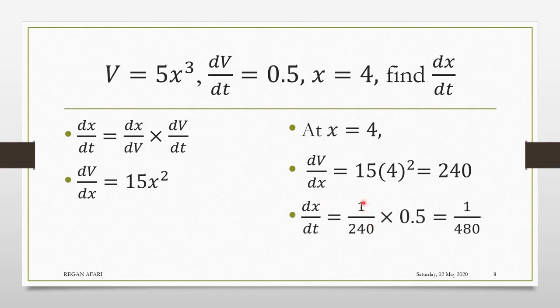This will give us 1 over 240 times dV/dt. But what is dV/dt? dV/dt is 0.5. All right, and then we multiply and we get 1 over 480. Of course, you can rewrite this in decimal. That is also fine.